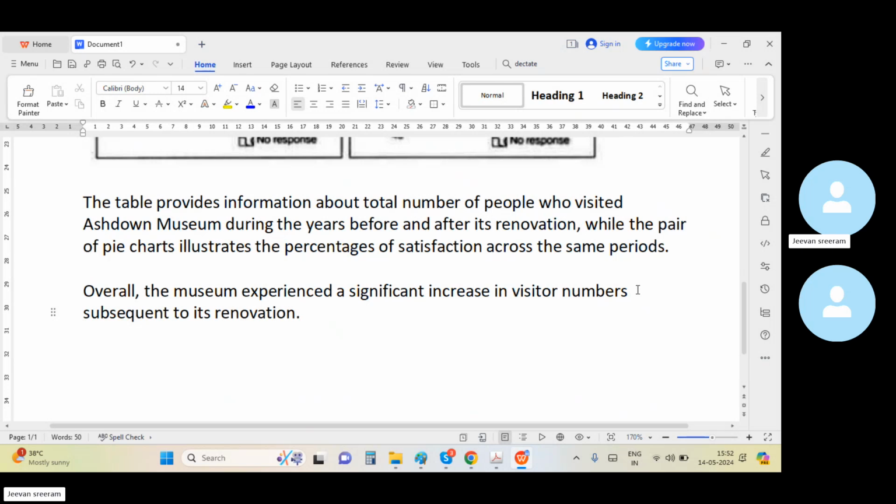Okay. And the next one, I have to draw the causal connection, right? Furthermore, it can also be seen, it can be observed. Furthermore, it can also be observed. Can be observed is okay.